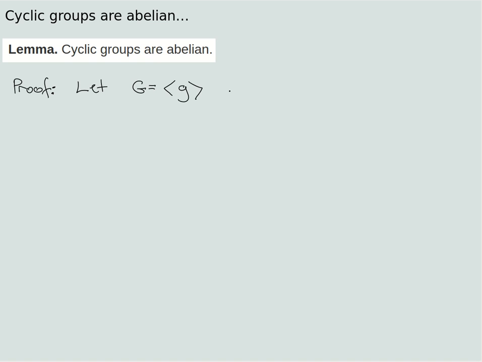So if we've got a cyclic group, then it contains at least one generator, and we're going to write little g for a generator of that cyclic group. So if this is cyclic, then any two elements of my group G are in this cyclic subgroup generated by little g, so they're equal to powers of g.